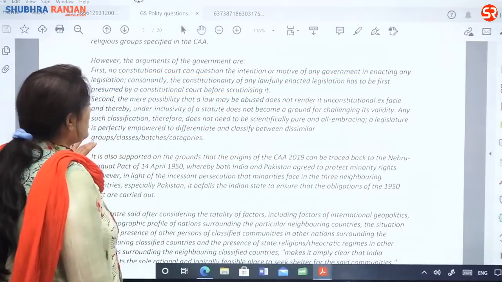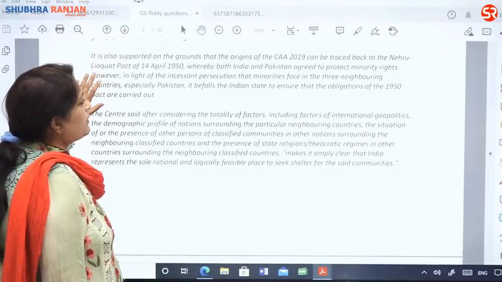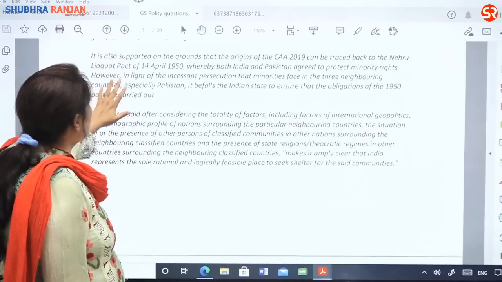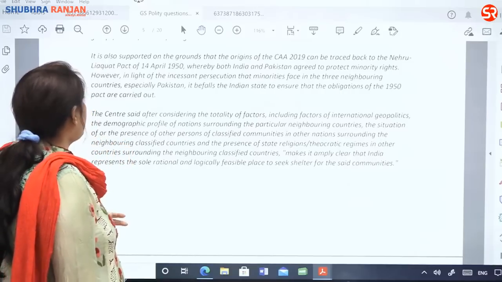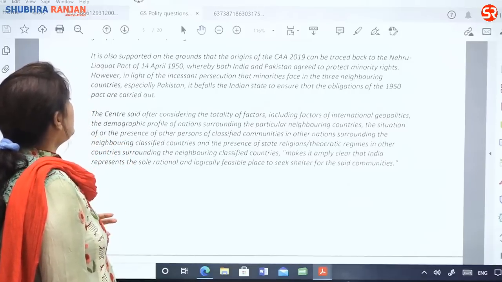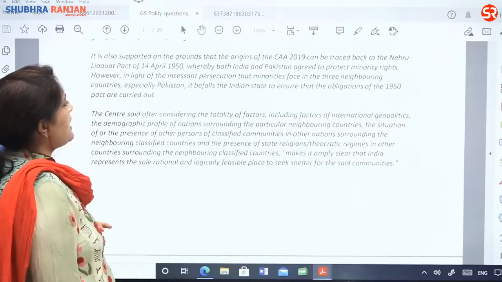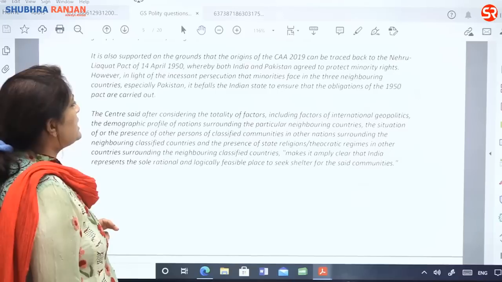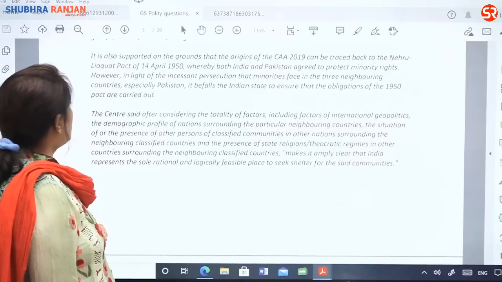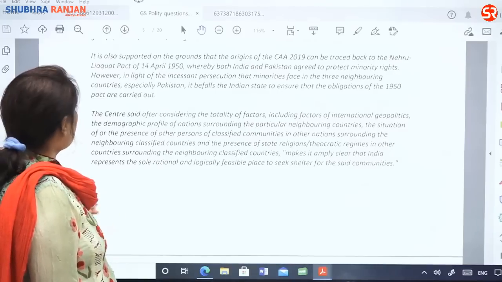It is also supported on the ground that the origin of CAA can be traced back to the Nehru-Liaquat Pact, whereby both India and Pakistan agreed to protect minority rights. However, in light of the incessant persecution that minorities face in the three neighboring countries, it befalls the Indian state to ensure that the obligations of the 1950 Pact are carried out.